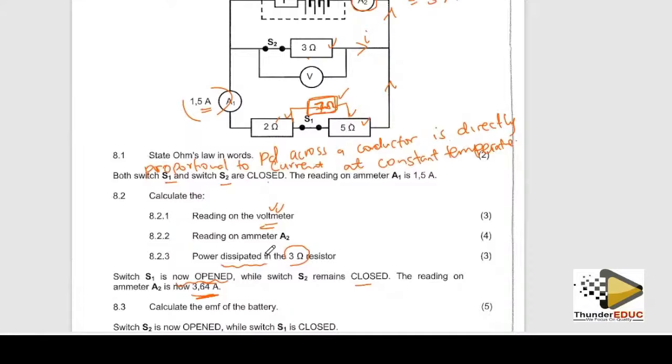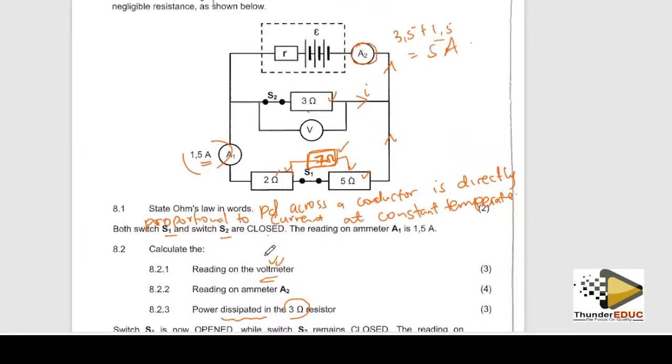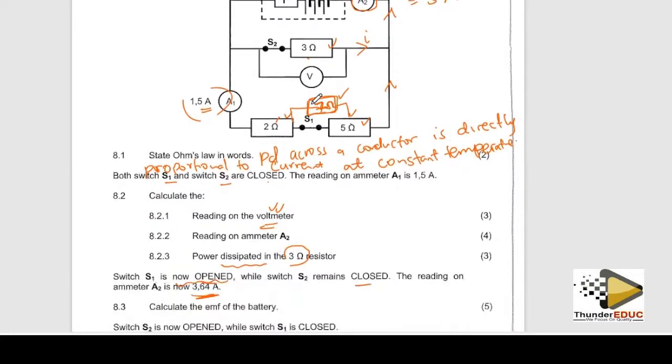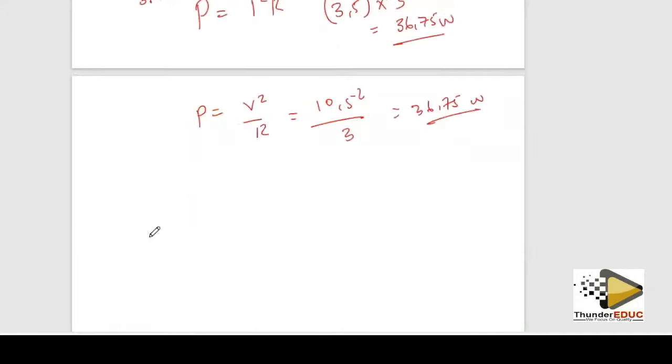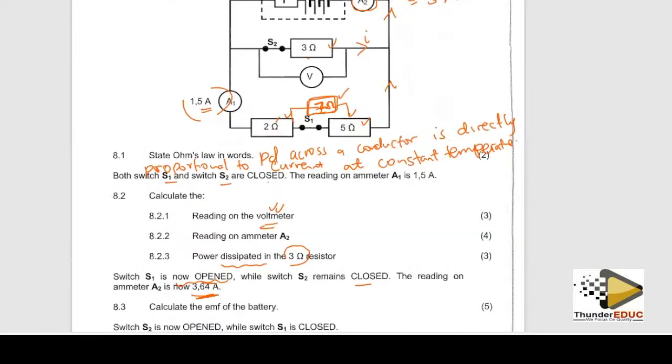Okay. If S1 is open, which means these 2 resistors are out, we're just focusing on the 3 ohm. And the current through would be 3.64. So I feel there is a simultaneous equation that we can solve. Okay, this is 8.3.